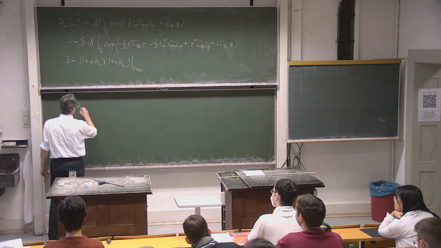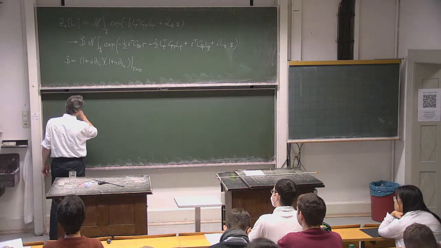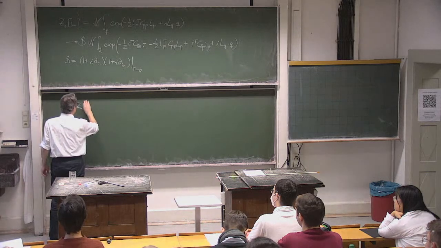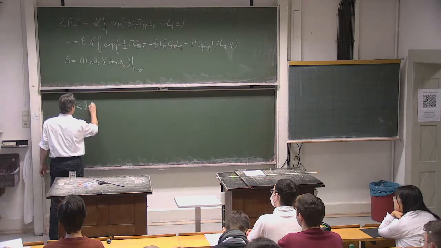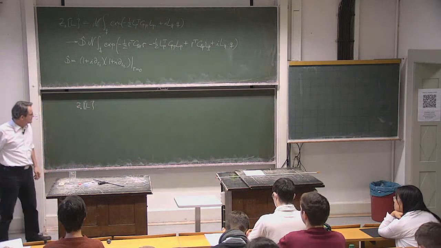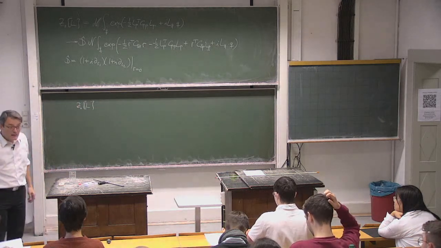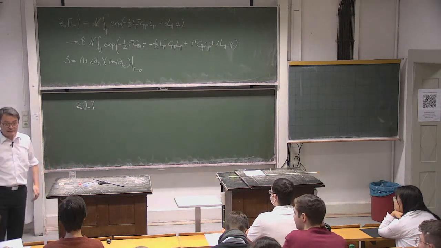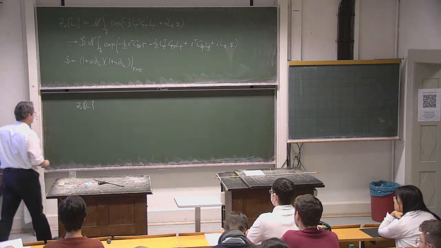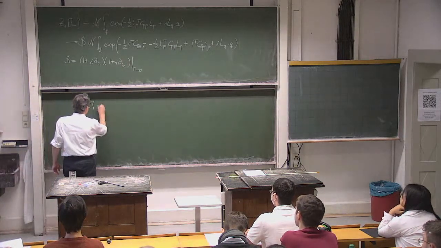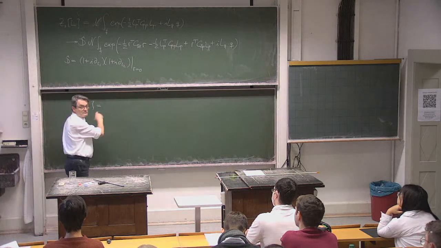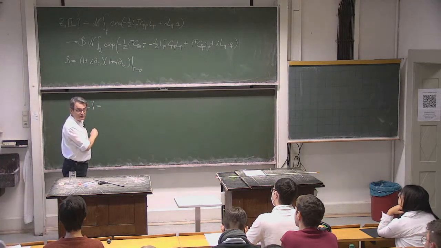So what is this like? Let's again look at the generating functional after applying a sequence of density operators already. And I'm going to write it down again, neglecting the normalization factor.